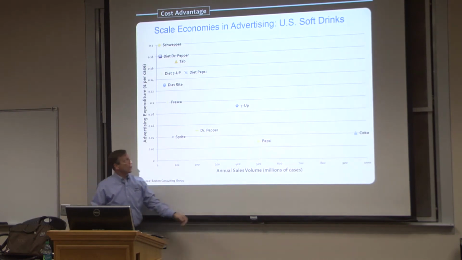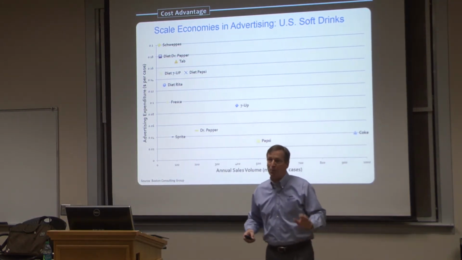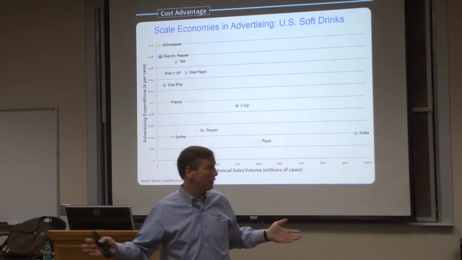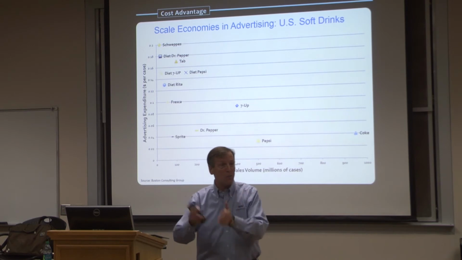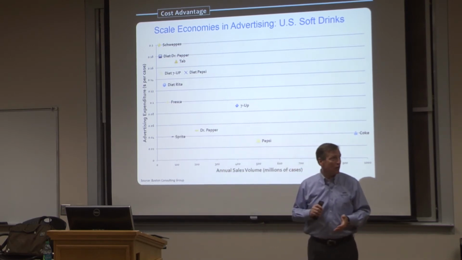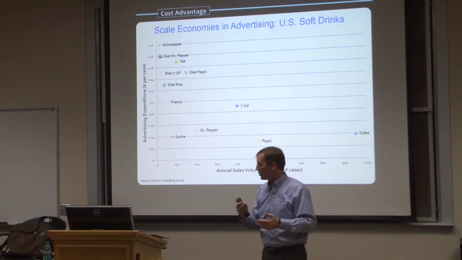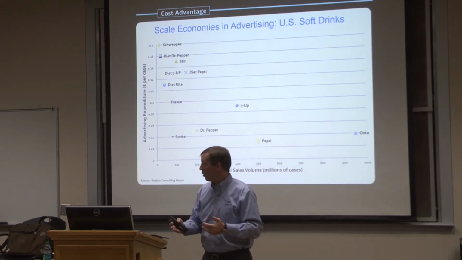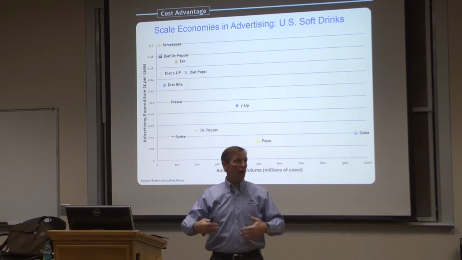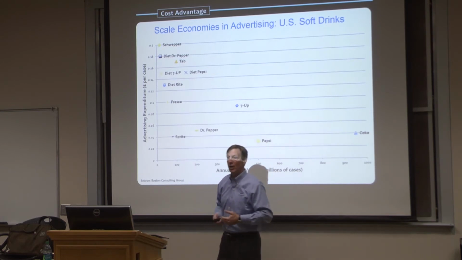What you see here with Pepsi and Coke is that they're spending a ton of money. 230 million looks like a lot of money, and it is. But when you look at the cost per case relative to some of the competitors, they're actually spending less per case because of the volumes they're generating. So they're able to get that brand awareness at a relatively low cost per unit.